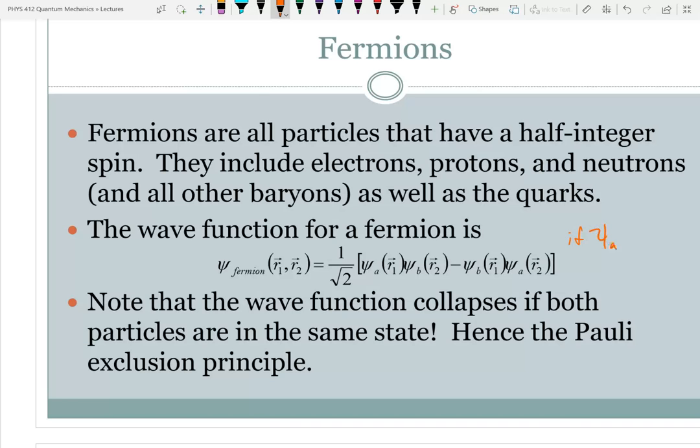You get 0. So you cannot have a fermion, a particle with the anti-symmetric solution, with both particles in exactly the same state. Hence the Pauli exclusion principle.